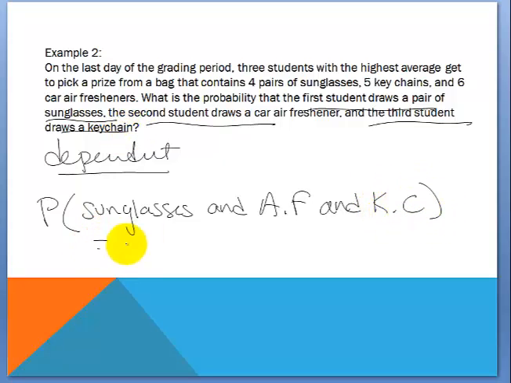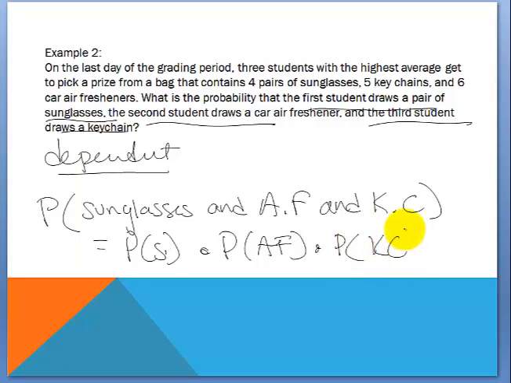So look what happens. We have the probability of the sunglasses times the probability of the air freshener times the probability of the keychain. Now the reason why this is dependent is because the total, or the sample space, is changing after each prize is drawn from the bag.